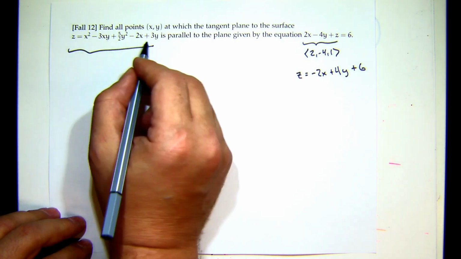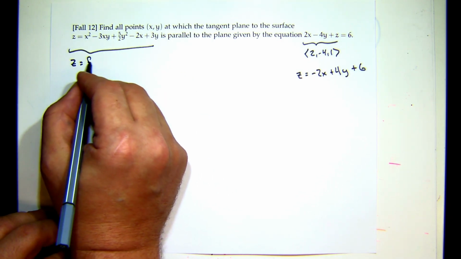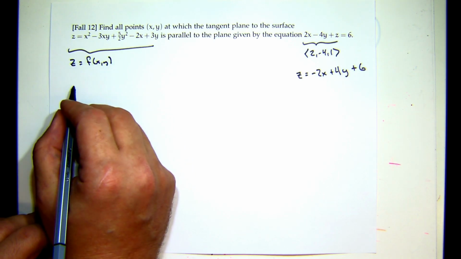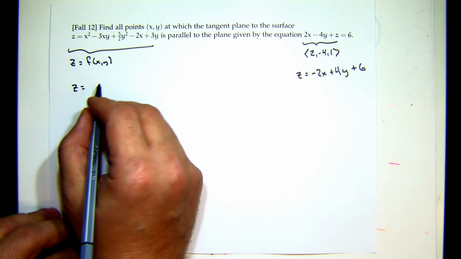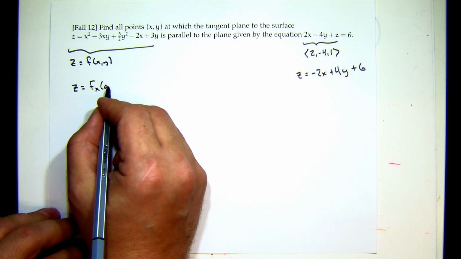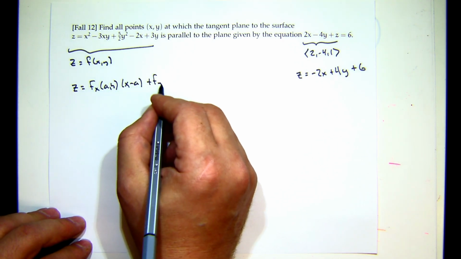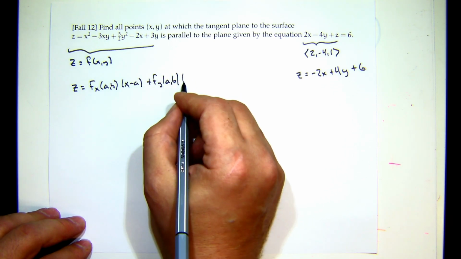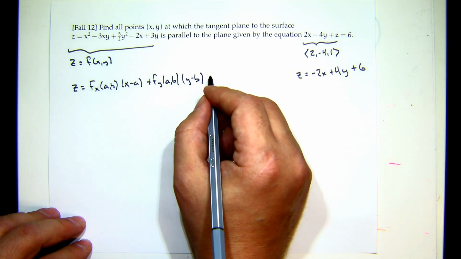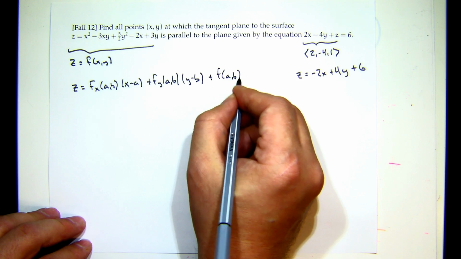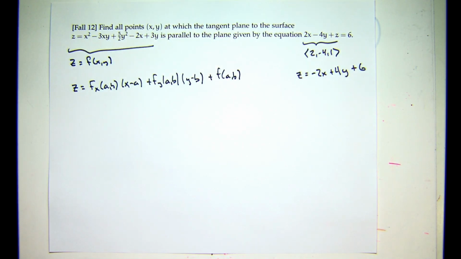If I have z equals f of x, y, a tangent plane will look like z equals f sub x at (a, b) times x minus a plus f sub y at (a, b) times y minus b plus f at (a, b). That's what a typical tangent plane looks like.